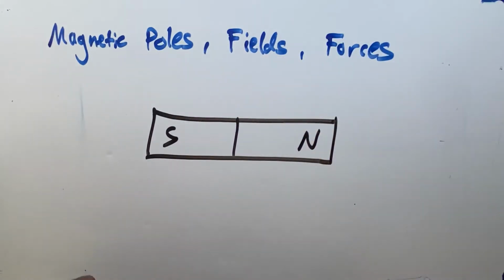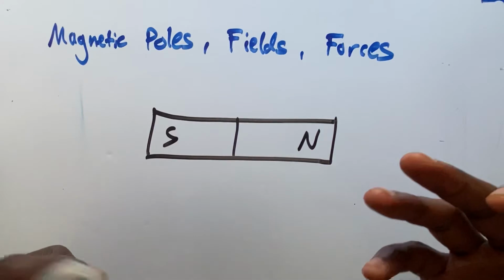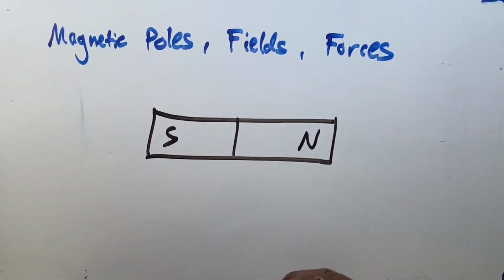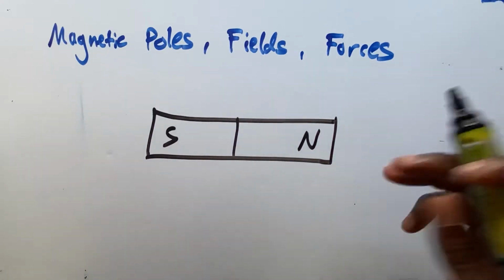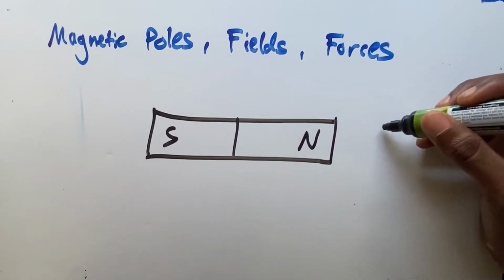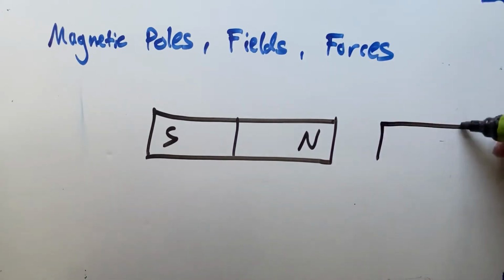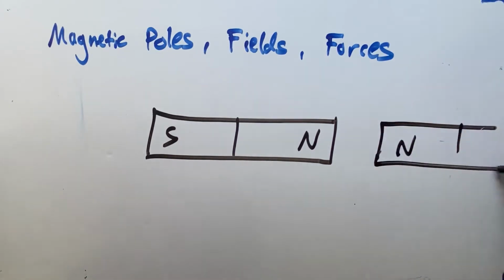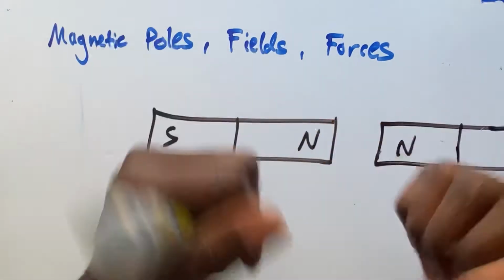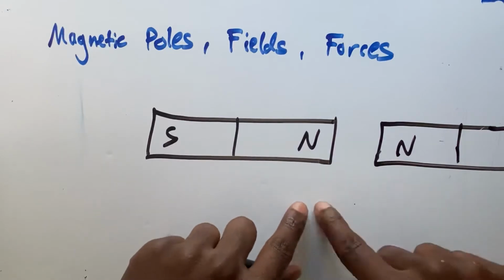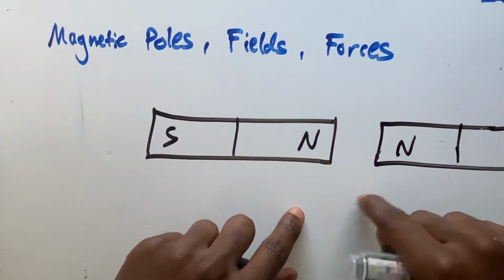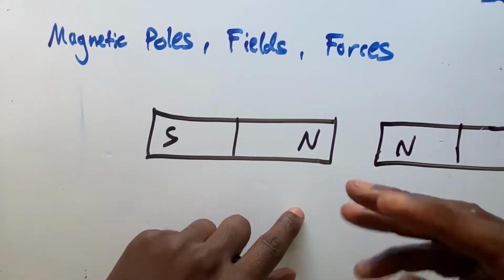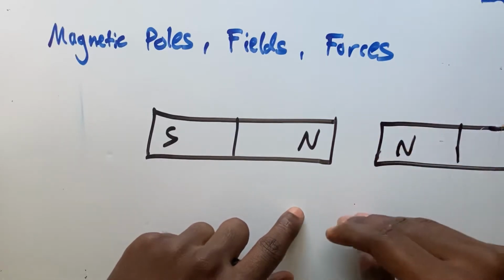And of course, just from personal experience you've probably had with magnets, if I bring another magnet over here, and this side is also the North Pole, then these two magnets are going to push each other away, right? So basically, magnets follow a similar rule that charges follow, right?